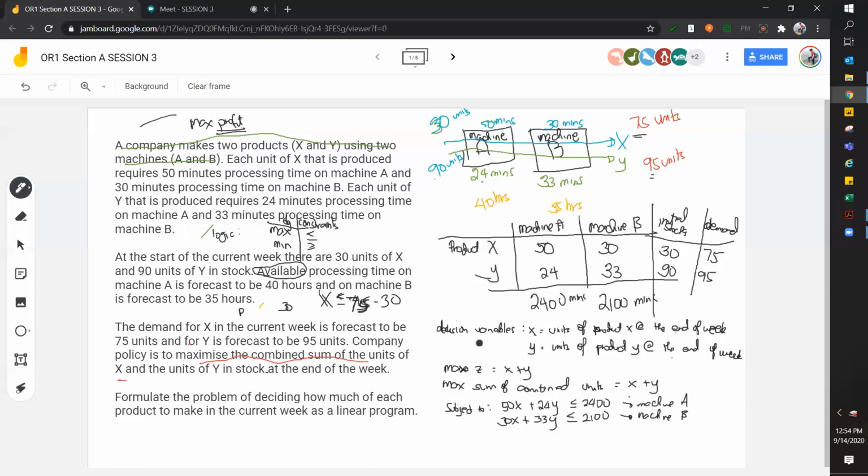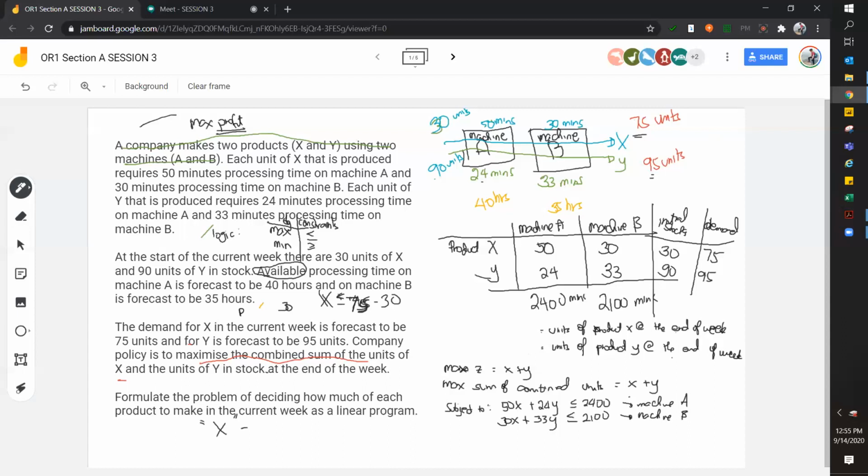So, rather than ilalagay natin, gaano karami yung kailangan ko i-produce, parang mas maganda yung ganun. Palitan lang natin to. Number of units X at the end of the week. So that is yung ipoproduce mo.